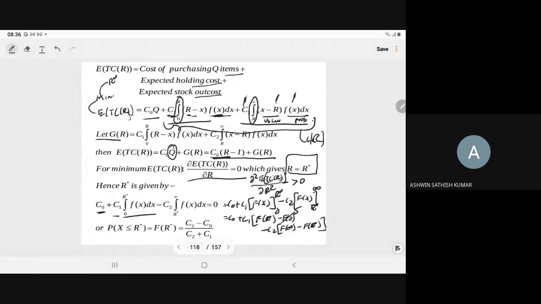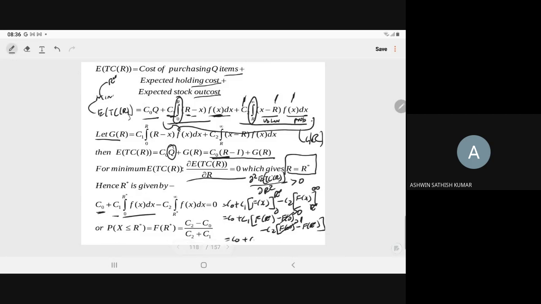So it is 0 and it is 1. So from here, what you have is C naught plus C1 F of R star minus C2 times 1 minus F of R star.